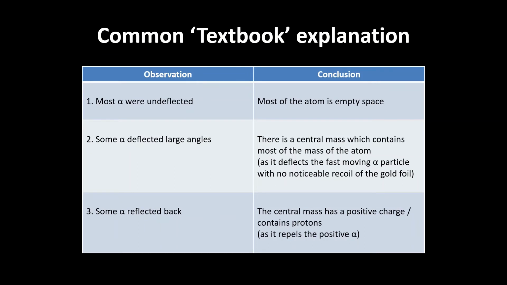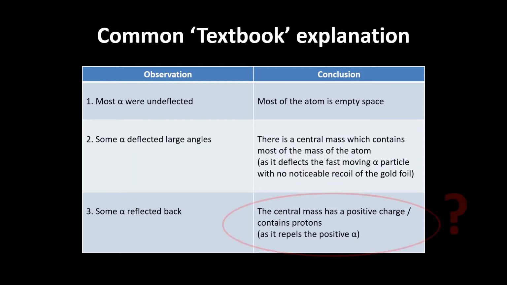And the third observation, that some of the alpha particles are reflected back, is the problematic one. It's commonly said that this means the central mass must have a positive charge, or that it contains protons, because it's repelling the positive alpha particle.